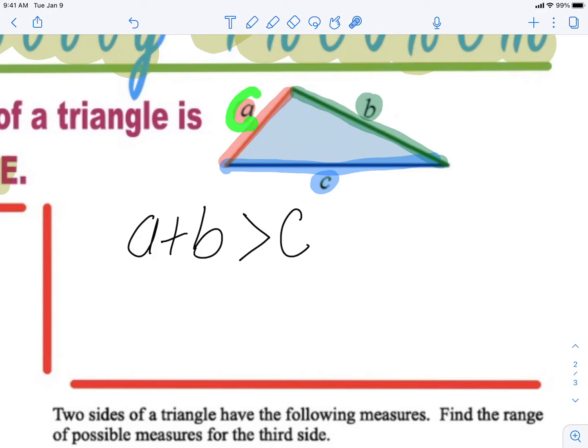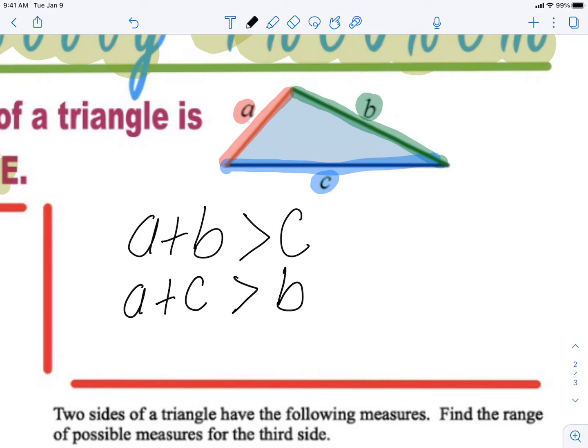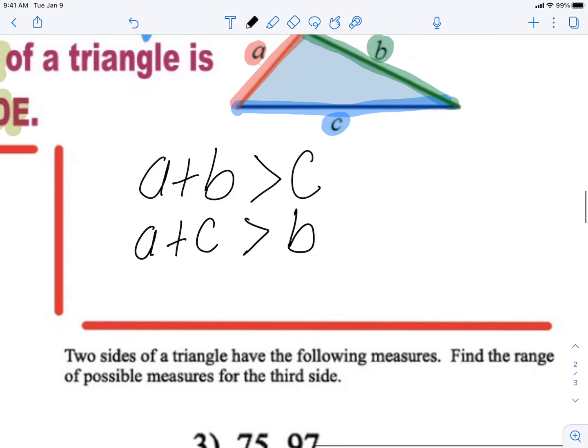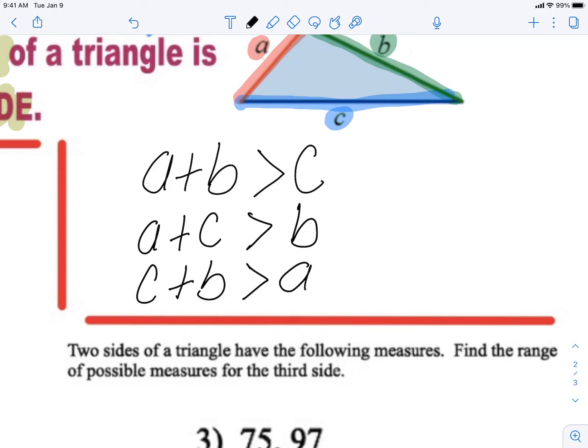A plus C has to be bigger than B. Finally, C plus B must be bigger than A. Let me fix that A. And those are the three rules.